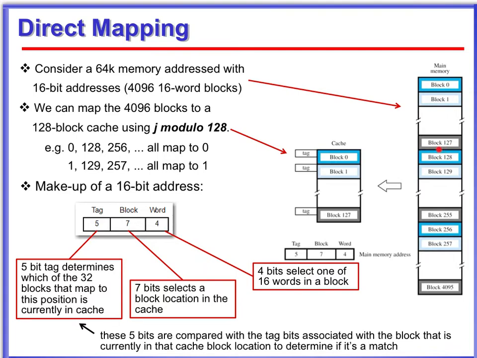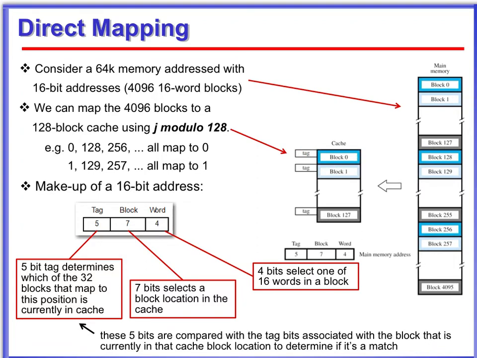So when this block gets written over into cache, it's the tag, these 5 bits, for all of the 16 words in here, that will be exactly the same. The 5 most significant bits in the addresses of these 16 words in this block will all be the same, and that tag will be written somewhere here beside it in cache.